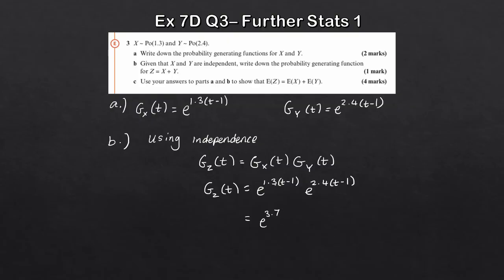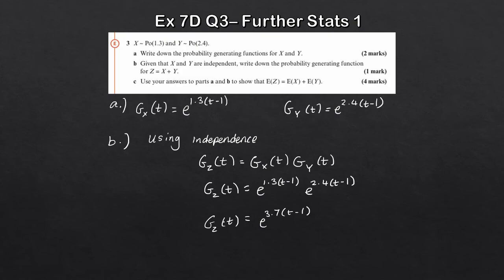And if you did the same with the minuses, minus 1.3 add minus 2.4, you're going to get minus 3.7. So we can write that as 3.7 on the outside and t minus 1 on the inside of the bracket. And that's all you've got to do for 1 mark. It's just multiplying the two probability generating functions to give the probability generating function for z.